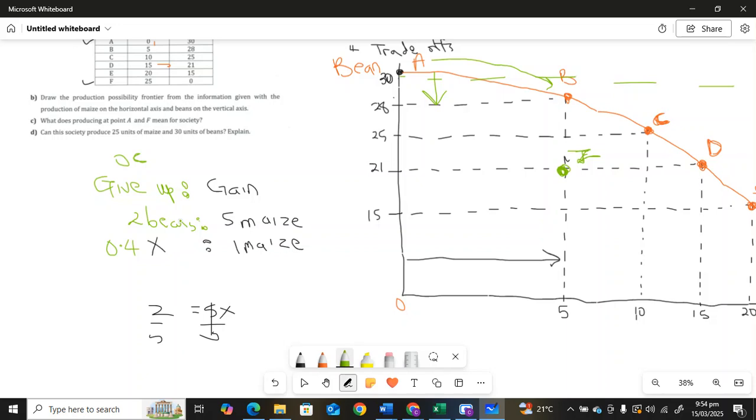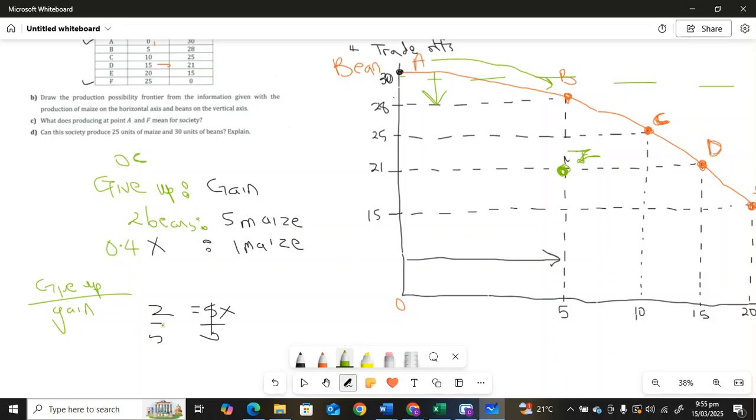One way you can think about it to get your opportunity cost per unit, just remember it is give up divided by gain. Here we're giving up 2 beans to gain 5 maize.